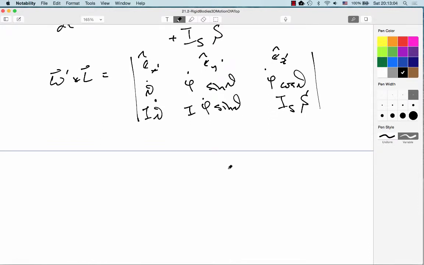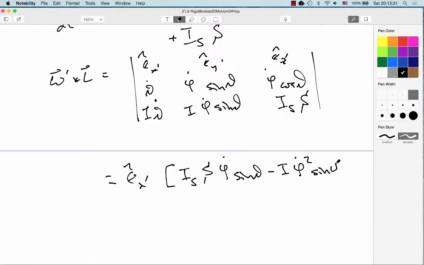So we go ahead and evaluate it. We're going to get an e_x' times I_s s phi dot sine theta minus I phi dot squared sine theta cos theta.